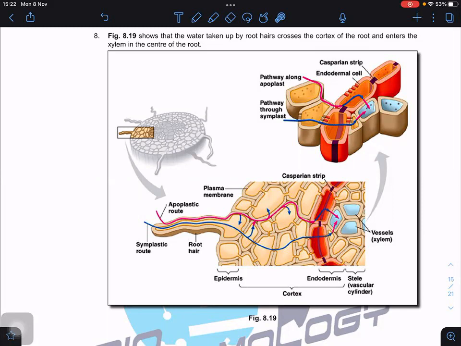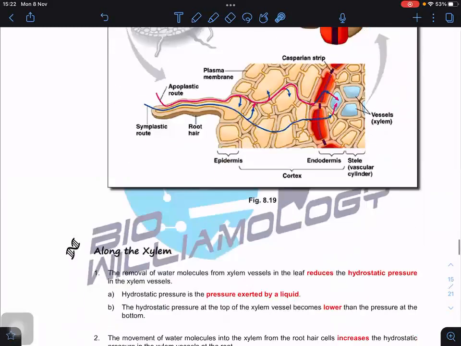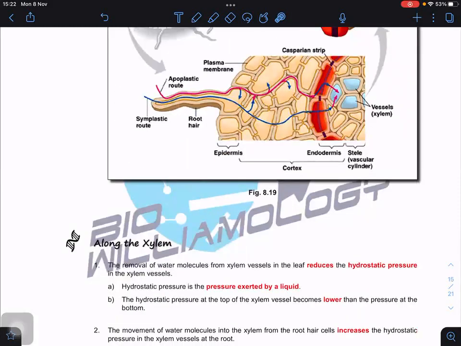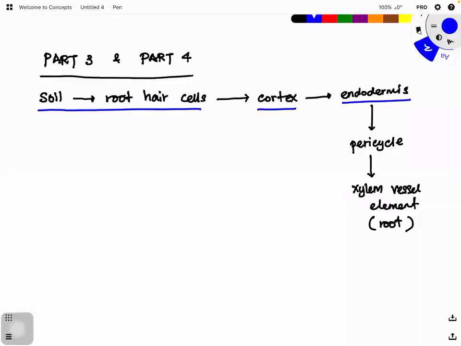Okay, so now I'm going to draw a more detailed pathway so that you can understand the entire process. I'm going to summarize parts 3 and 4, where we can see the water molecule move from the soil to the root hair cells, and then from the root hair cell to the cortex, and then from the cortex to the endodermis, pericycle, and xylem vessel elements at the roots.